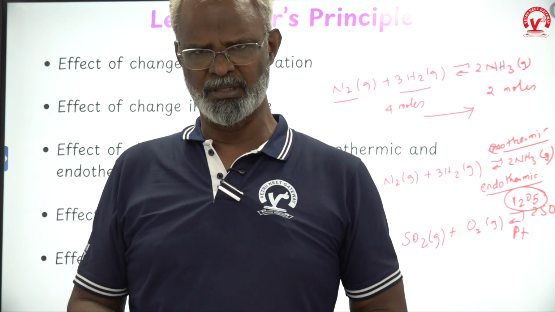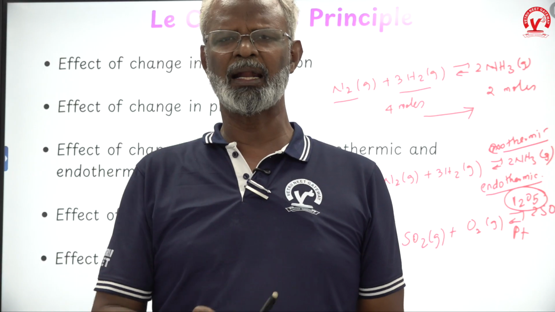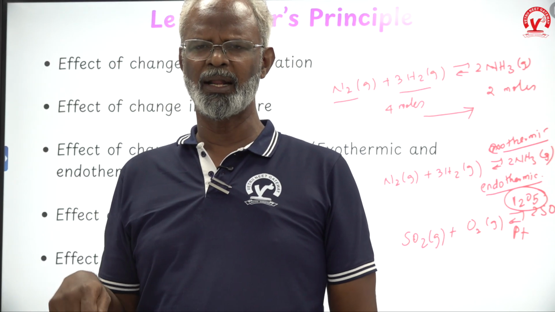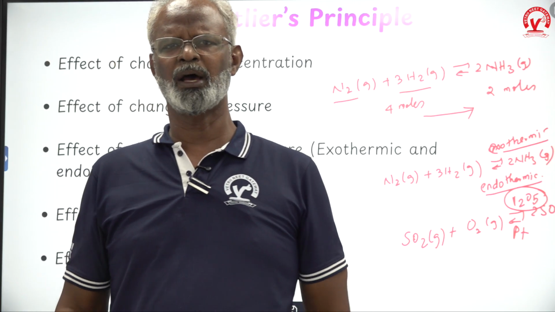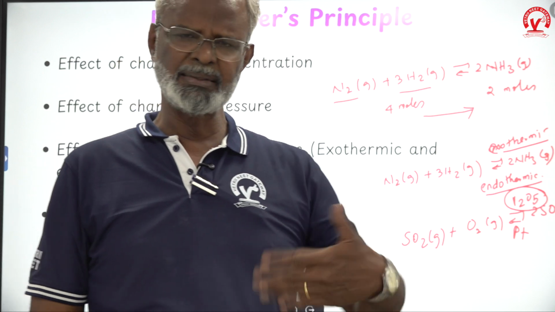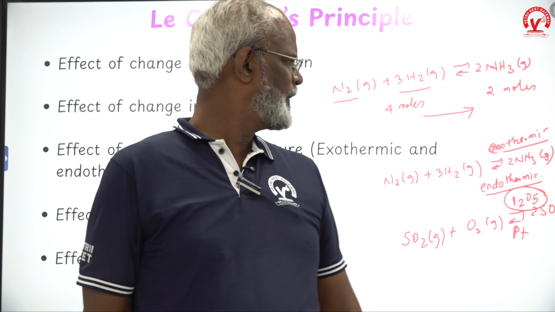Because the reactions will never go to completion in an equilibrium system, the yield will be low. So by removing the products, by increasing the concentration of reactants, by adjusting the pressure and volume, or by changing the temperature, we can increase the yield of the products.